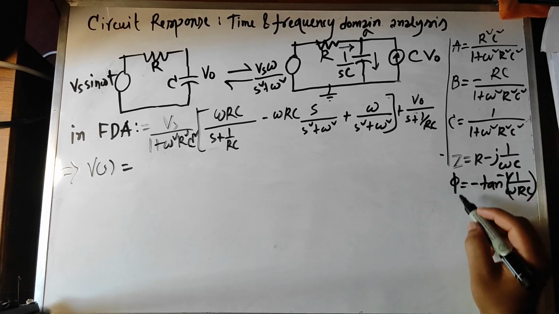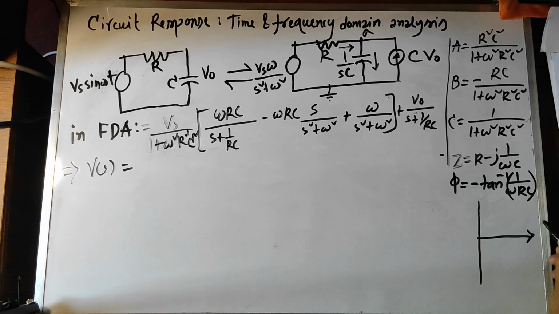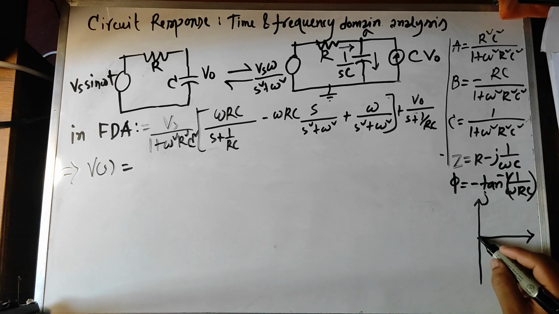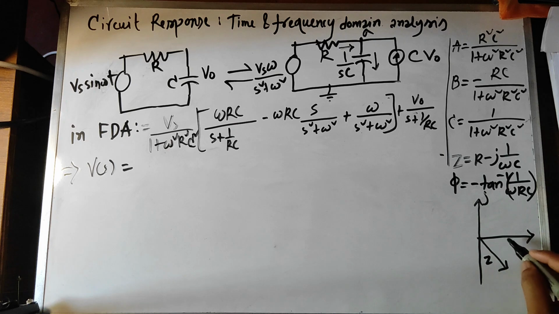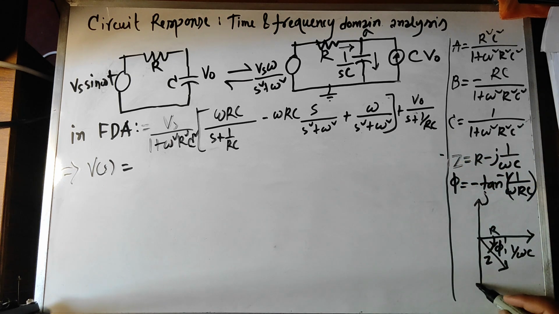So if we draw this, this is j, this is the Z, where this is R and this is 1 by omega C, and this is phi. So phi when taken anti-clockwise is positive, and when taken clockwise the angle phi is considered negative. This is convention. This is minus j, and this is real axis. The vertical is the imaginary axis.